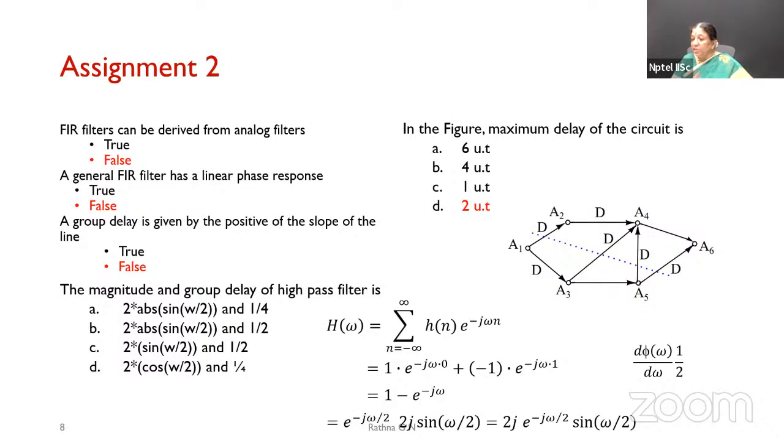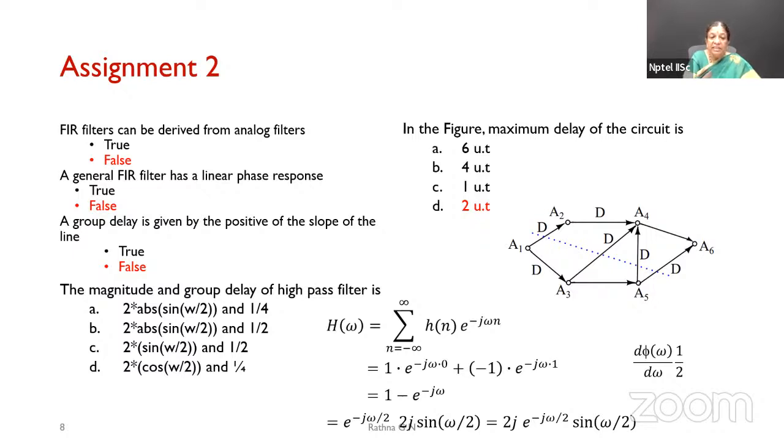So coming to the second assignment: FIR filters can be derived from analog filters. Definitely not only IIR filters; we will be deriving them from analog filters. So it has to be designed using a windowing technique or any other algorithm to design our FIR filters in the digital domain itself.